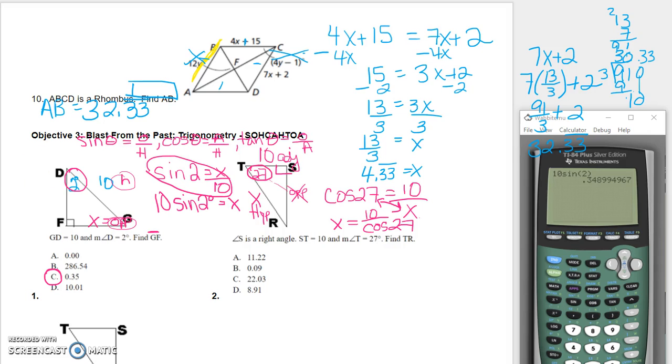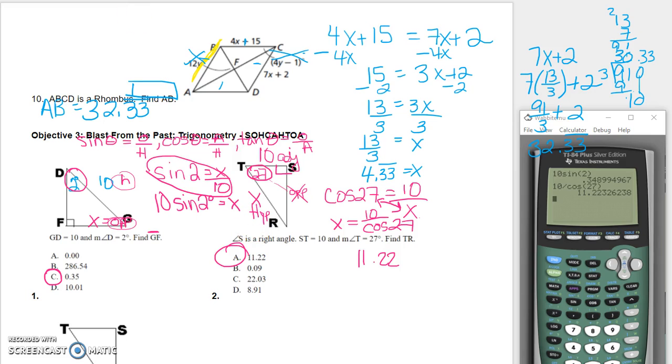Okay, so what I can do now is go back to my calculator and type in 10 divided by cosine of 27. And when I hit enter, I get 11.22. And I see that's choice A.